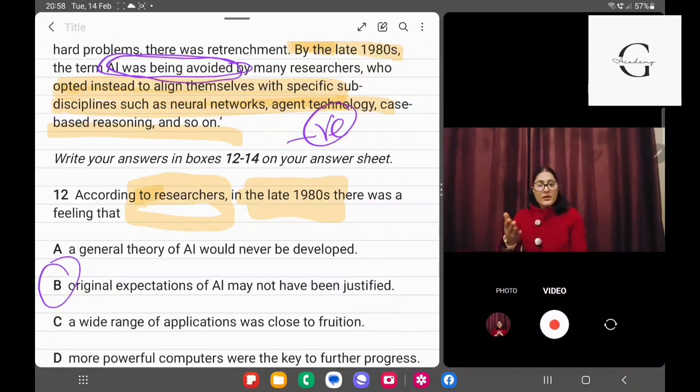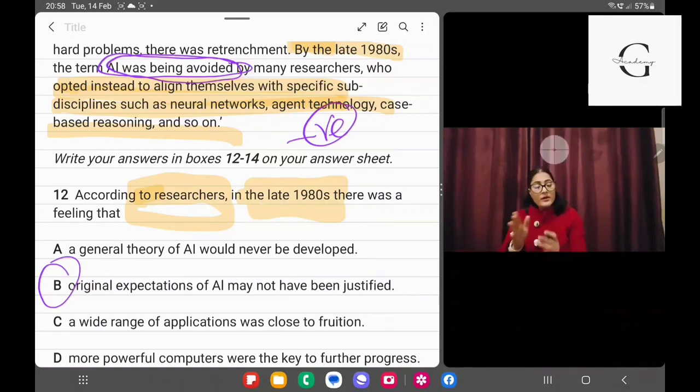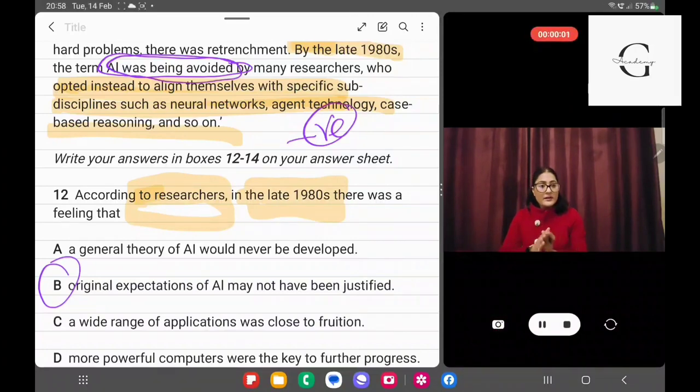They have just talked about, by the late 1980s, the term AI was being avoided by many researchers. So they have used the words avoided by many researchers, and they have not used the word justified, may not have been justified. So the synonym for justified they have used is AI was being avoided by many researchers. If it is avoided, it means it was not being justified with the researchers. Yeah. So let's do another one.